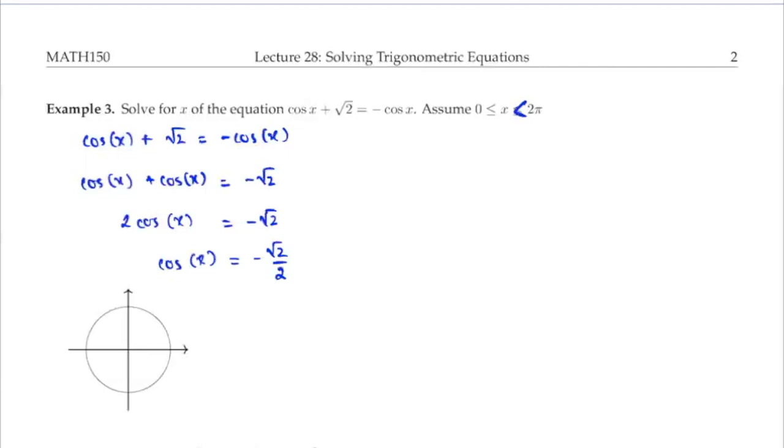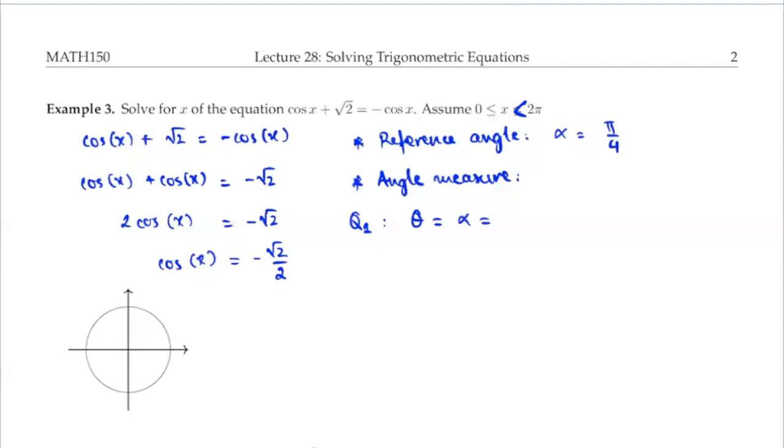So it's easy to identify the reference angle in this case because we have root 2 over 2. The reference angle is alpha equal to pi over 4. And then the next thing you do is calculate the angle measure. In quadrant 1, theta equals the reference angle, pi over 4.